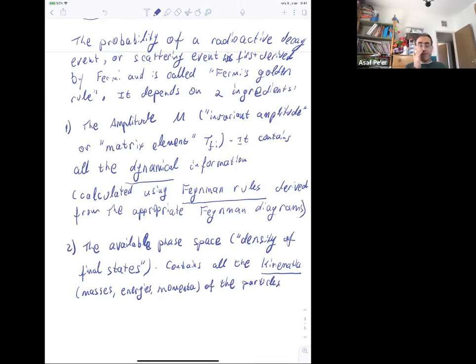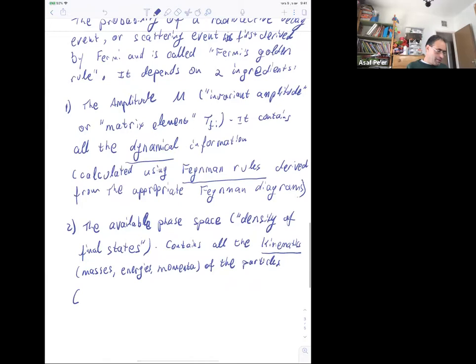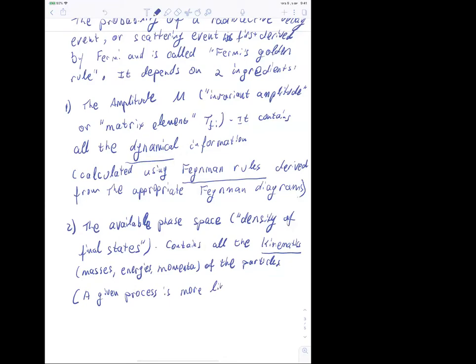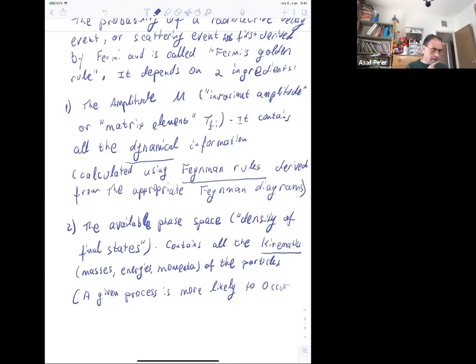It reflects the fact that a given process is more likely to occur if there are more available options, basically, for the particles in the final state. So a given process is more likely to occur if there are more available options. Or available channels, really, I should say.